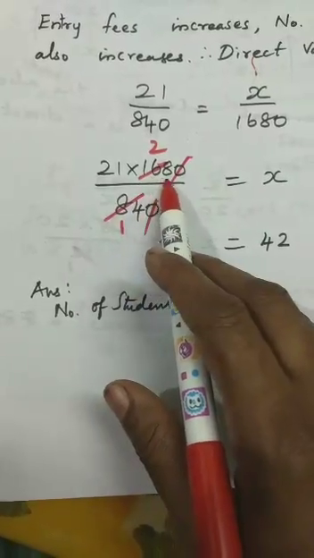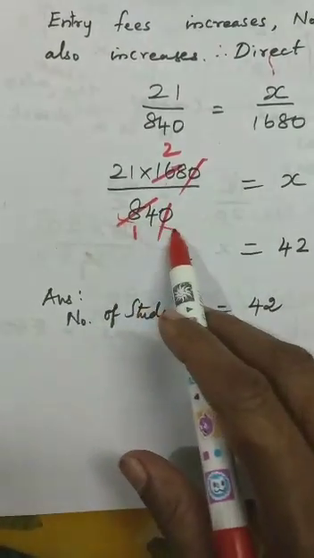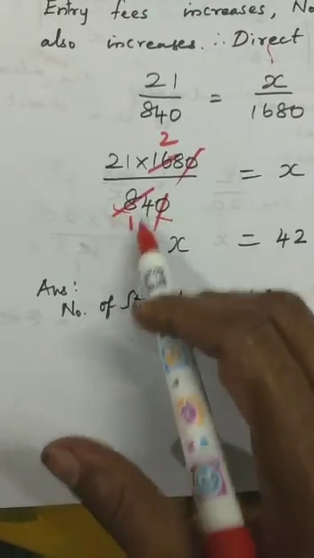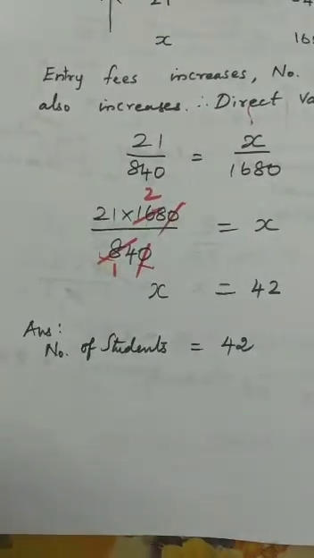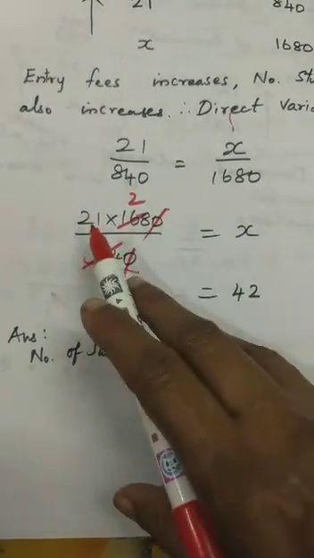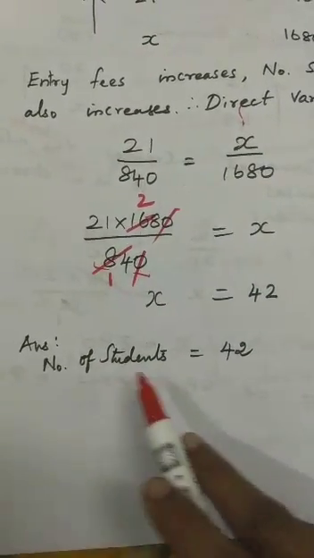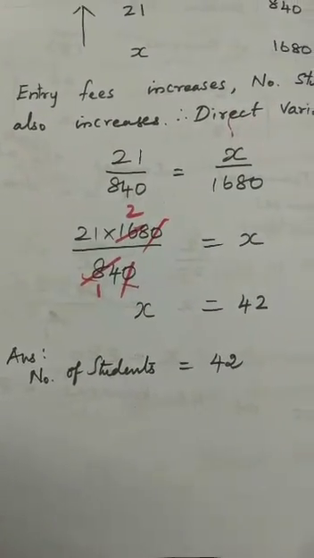So 21 into 1680 divided by 840. 0 gets cancelled. 84 1 times, 2 times 168. So X is equal to 21 2s are 42. So number of students is equal to 42.